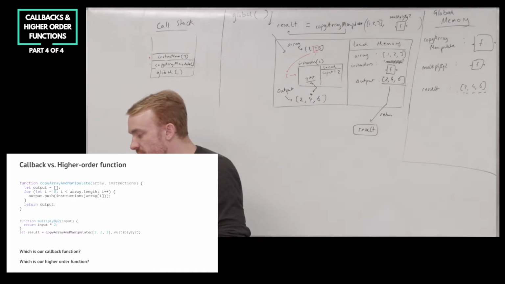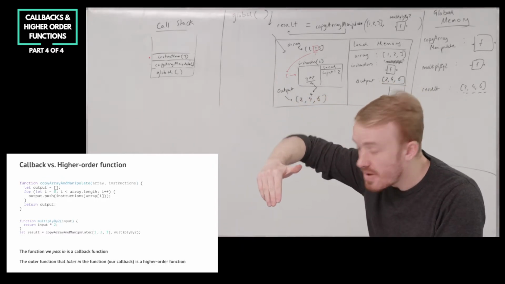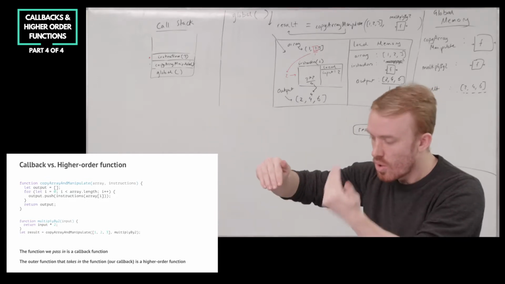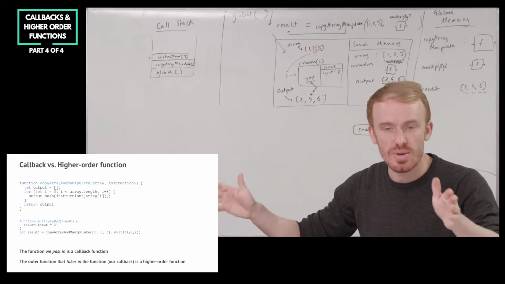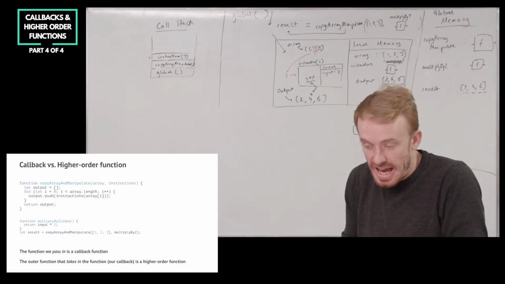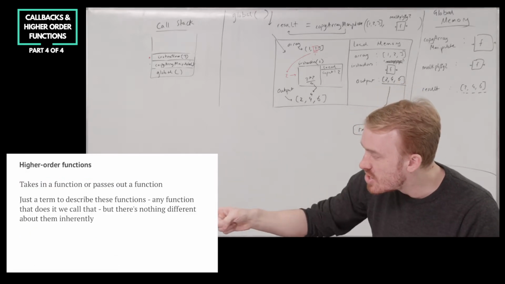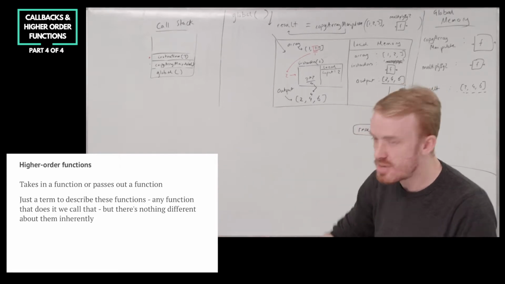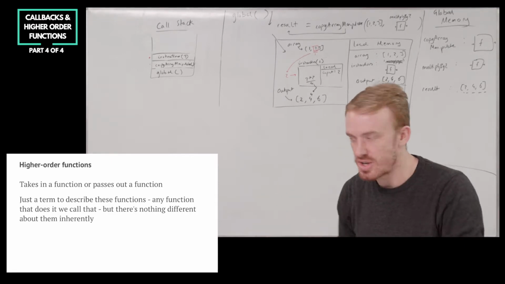Our higher order function is the outer function that takes in a function, or by the way, any function that returns out a function. Any function that takes in or returns out a function, that host function is our higher order function. It's of a higher order, it can handle other functions being passed in and returned out. And then the function we pass in, multiplyBy2, its placeholder was instructions, but multiplyBy2 is a function, that's our callback function.